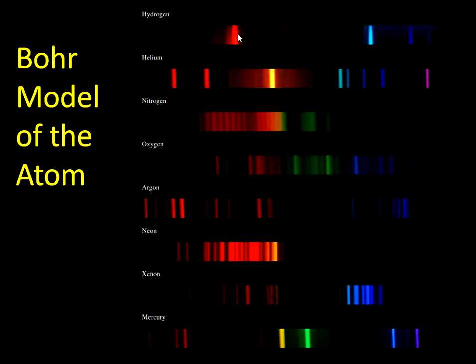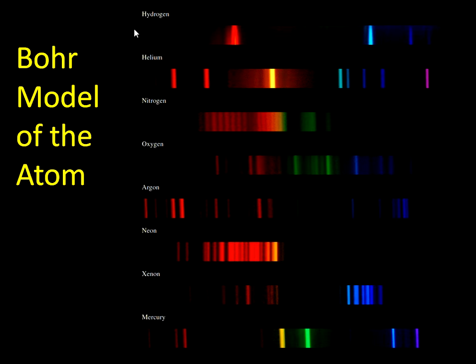When you look at the light that's emitted by an excited gas, and you do that by sending the light either through a glass prism or through a diffraction grating to spread it into its spectrum, what you see is that these excited gases emit what's called a discrete emission line spectrum.